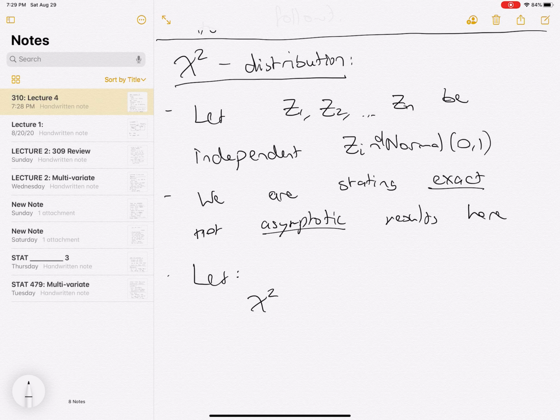Let chi-squared of n, we'll use this notation, and I'm going to write it in both long and shorthand so it's clear to everyone. We're just taking the sum of the squares here of normal random variables.